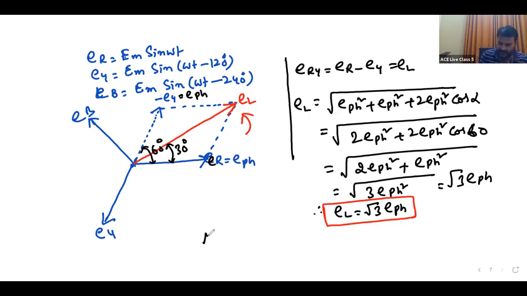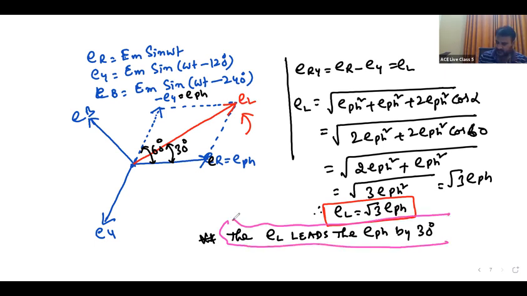So the important point is that the line voltage EL leads the phase voltage EPH by 30 degrees. This is about the three-phase alternator.